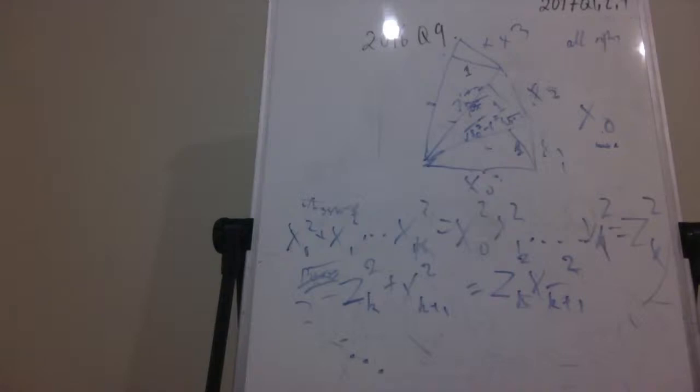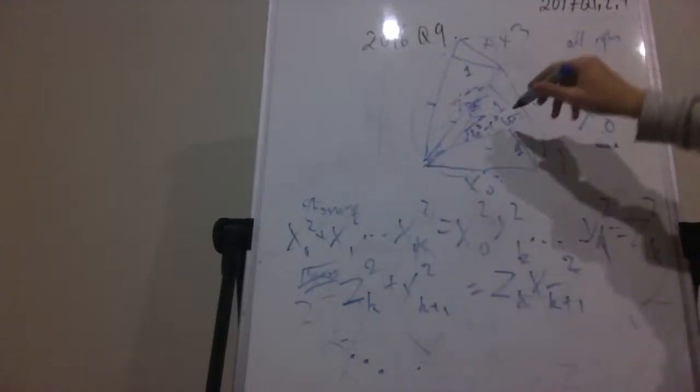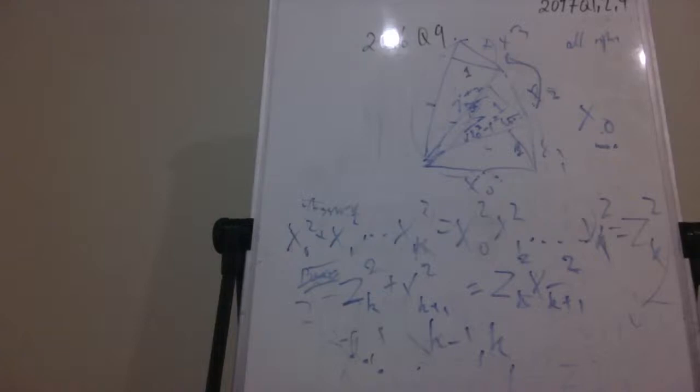So then you can use that to prove the induction step. If we do the same process, now it's at the last triangle, with 0 and 1 being replaced by k minus 1 and k.